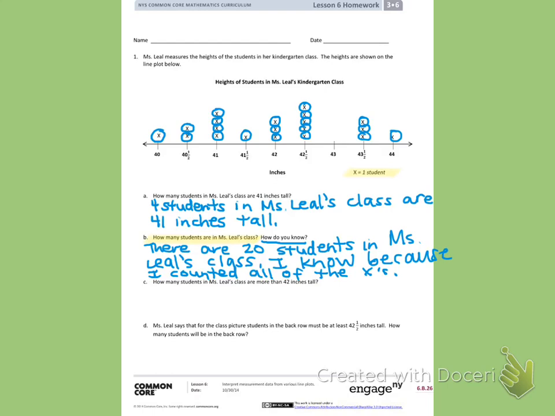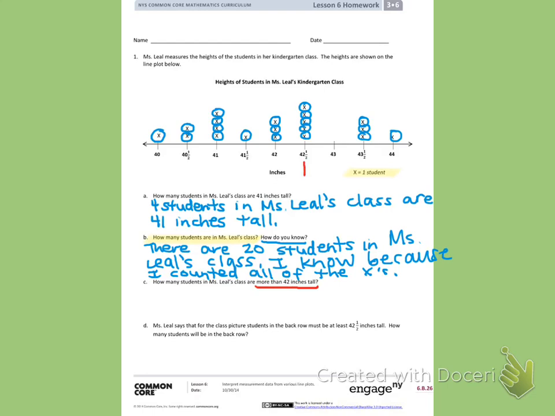Item C. How many students in Miss Leal's class are more than 42 inches tall? Okay, in order to determine this answer, we need to figure out which of the measurements are more than 42 inches tall. 42 is not more than 42.